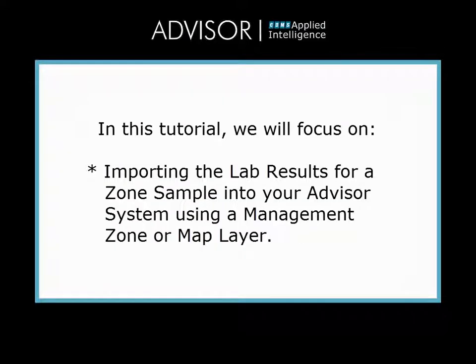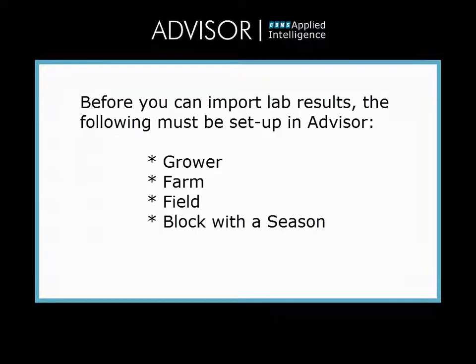In this tutorial, we will focus on importing the lab results for a zone sample into your Advisor system using a management zone or map layer. Before any lab results can be imported, the grower, farm, field, and block with the season must already be set up in Advisor.